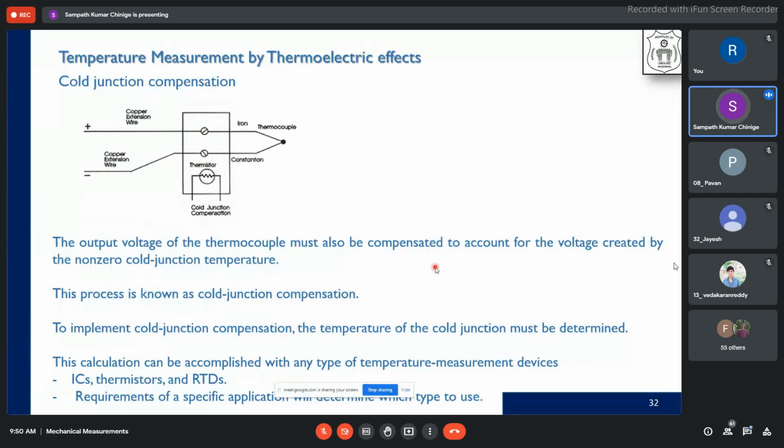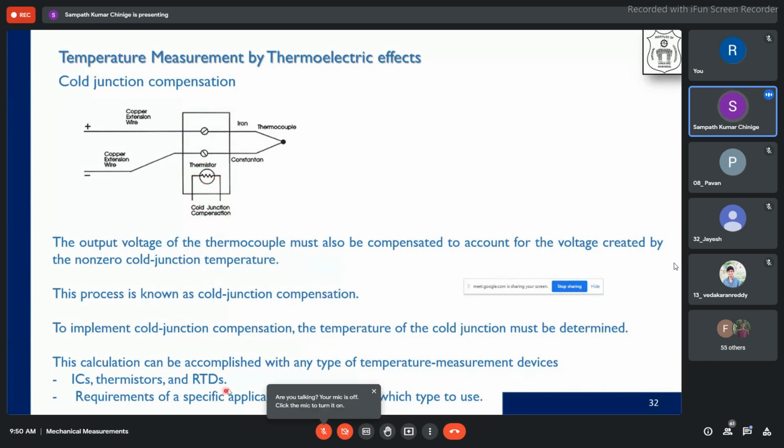What we can do is produce this extra cold junction compensation by having an IC, thermistors and RTDs. We will come back to what we mean by RTDs in the next class. Thermistors and RTDs are direct temperature measurement devices. Direct means it's like a thermometer only, but more accurate. So we will use either a thermistor or an RTD.